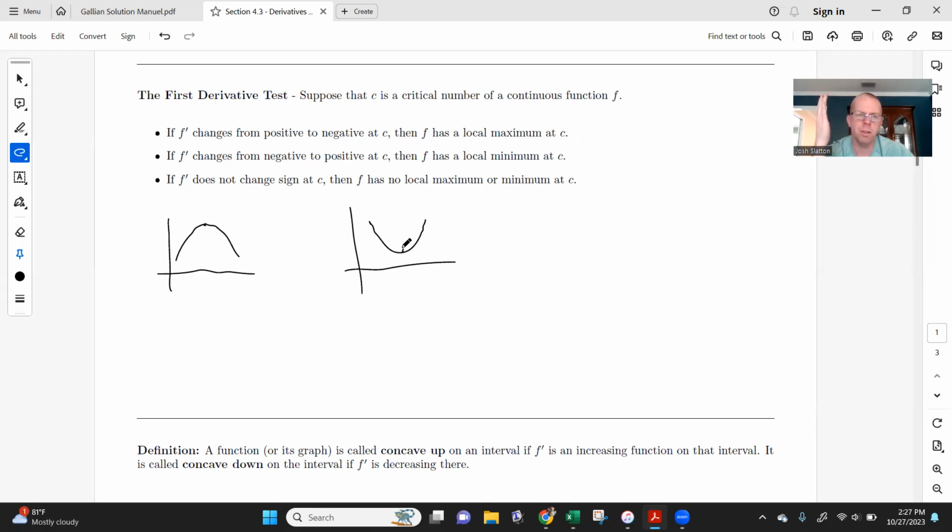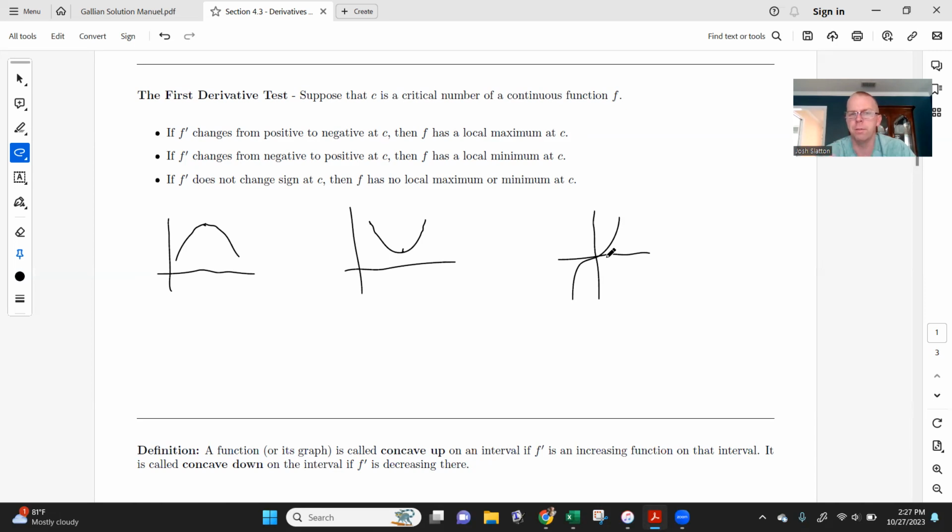And if it does not change signs at c, so it is possible to have a critical point where you're not changing from positive to negative. You're staying the same. An example of this would be f equals x cubed. At zero, you do have a critical point. The graph does flatten out there, so the slope would be zero at that point, but it's not changing from increasing to decreasing.